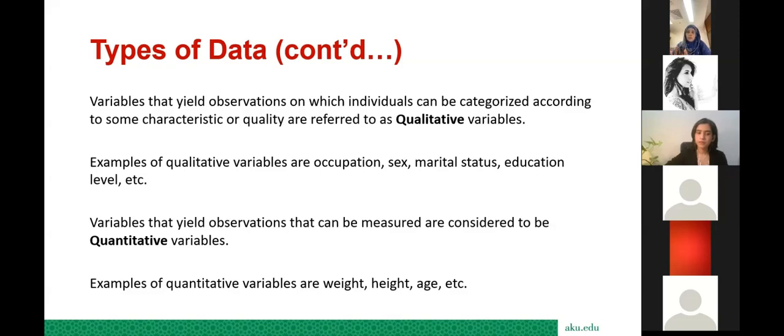But there are no hard and fast rules. Sometimes these variables can also be categorized if there are established cutoffs for these variables. But generally, and this is a very important tip for all of you, whenever you are collecting the data, always try to collect the data as raw as possible.